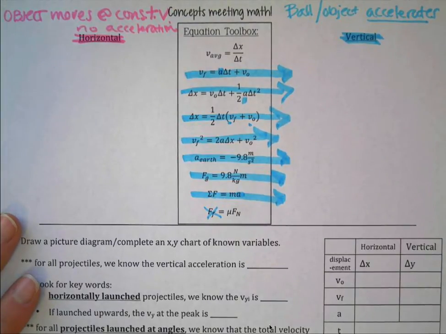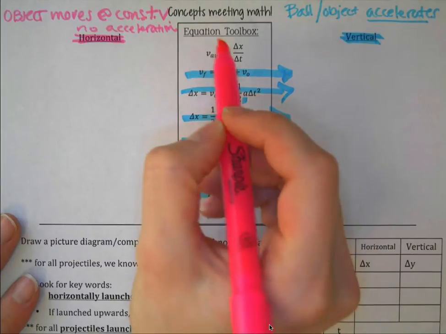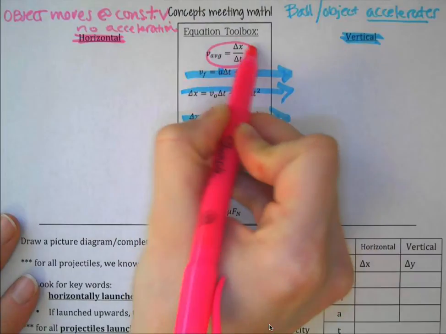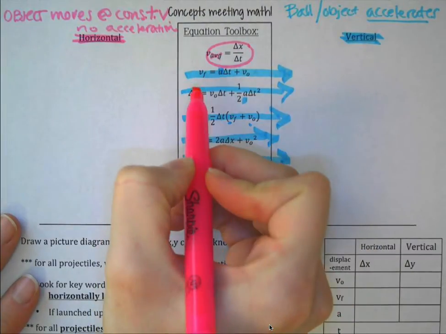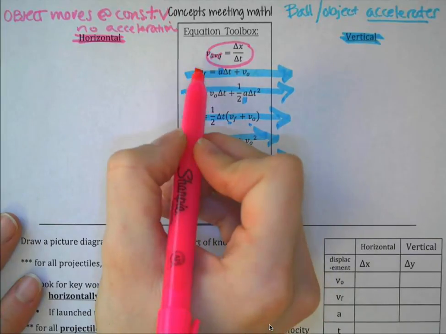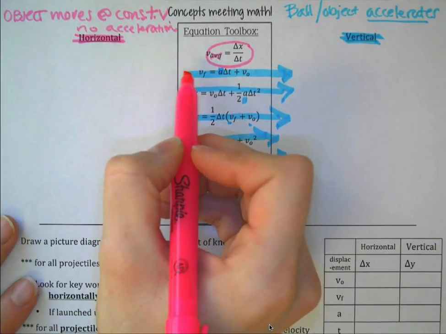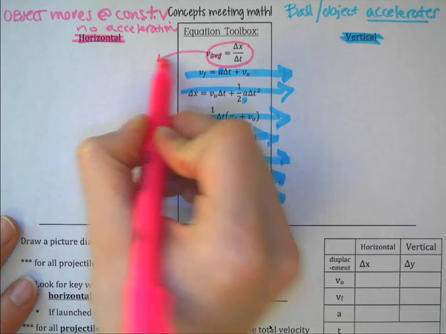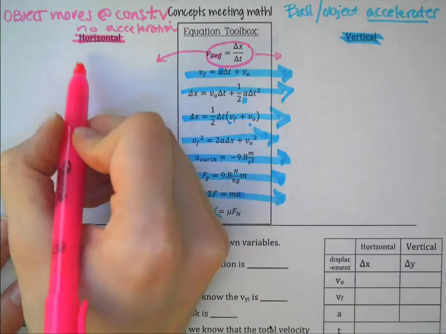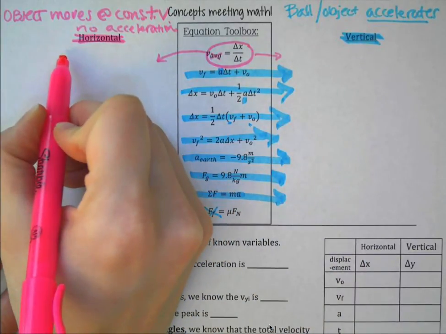As far as the horizontal velocities, this one, if we assume that we're not talking about an average, because average implies, again, that those velocities were changing, that really could go to either, but is more applicable to our horizontal velocity.